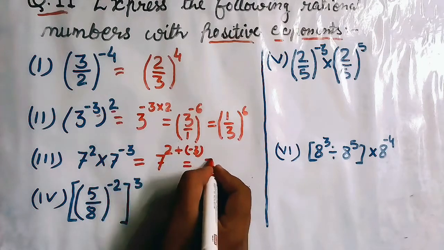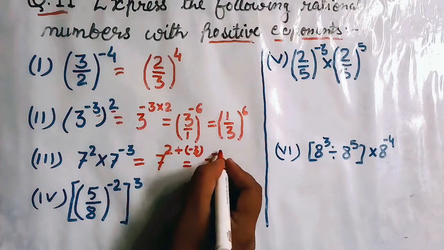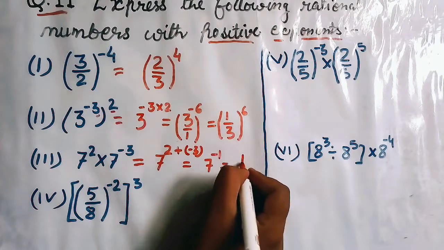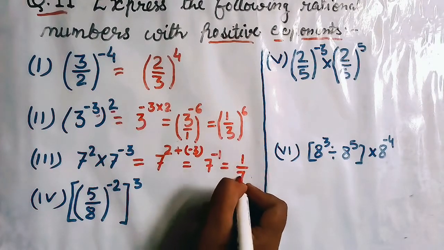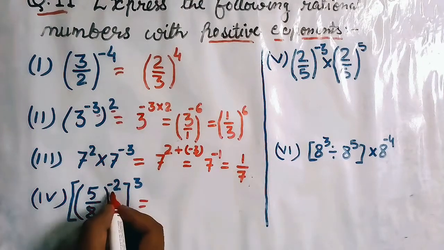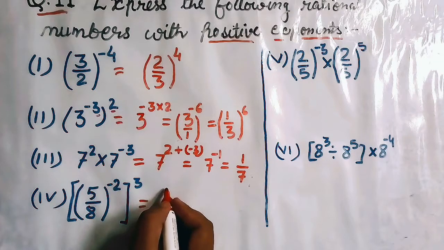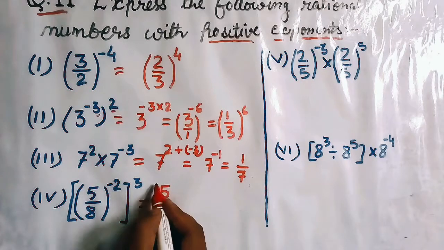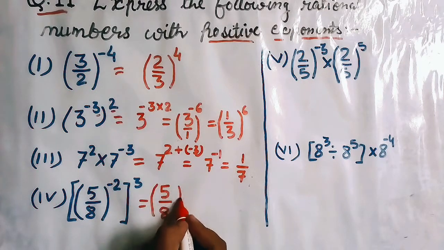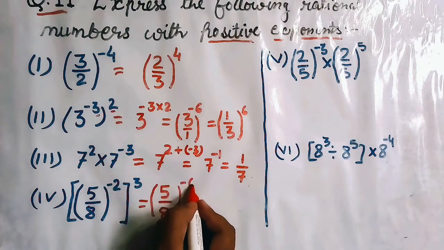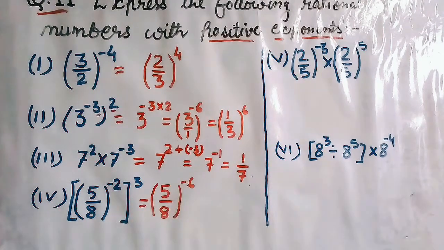So 2 plus minus 3 will be 7 raised to power minus 1. 7 inverse means the reciprocal of 7, that is 1 upon 7 raised to power 1, can be written as 1 upon 7. Here again power raised to power you have, the powers will be multiplied, the base as it is 5 upon 8, and the powers will be minus 2 into 3, which is equal to minus 6.